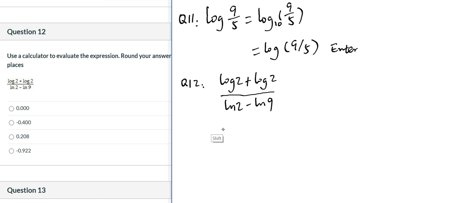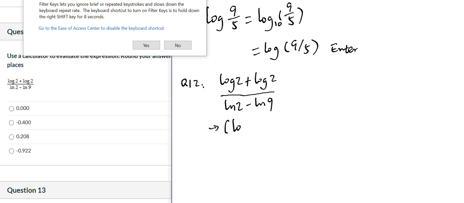On your calculator, you should use the parentheses.